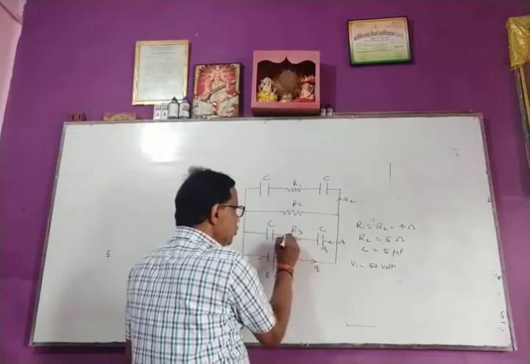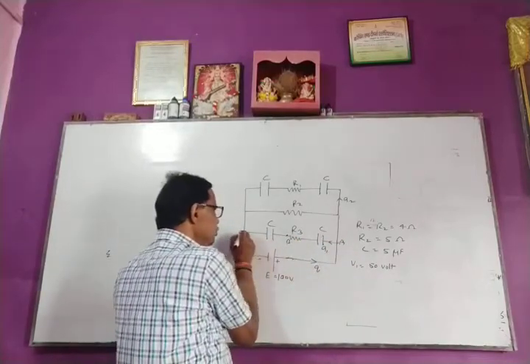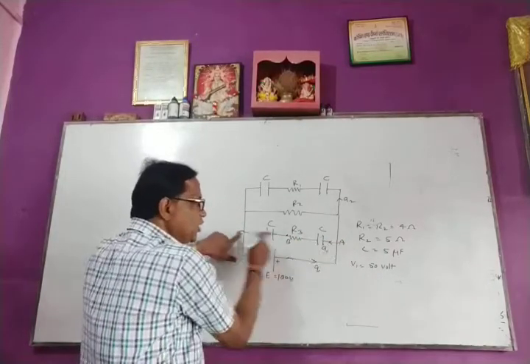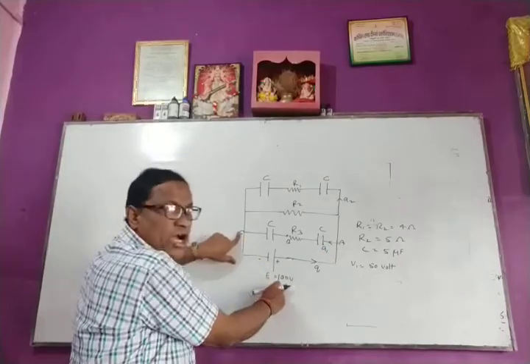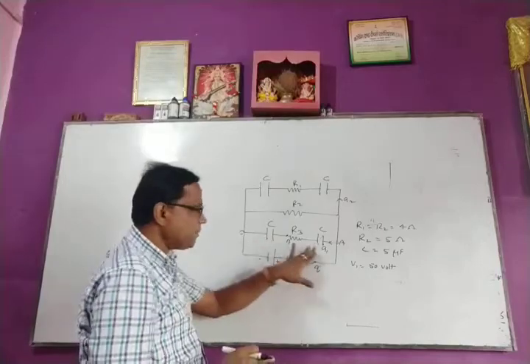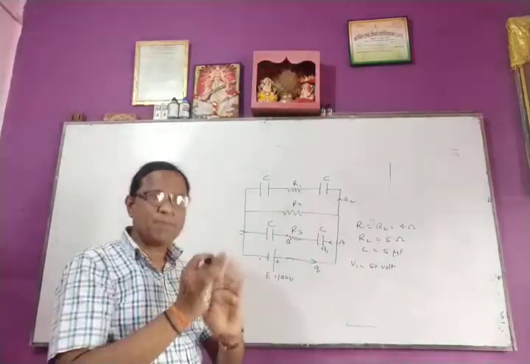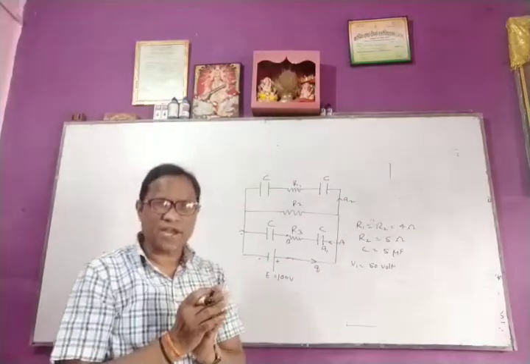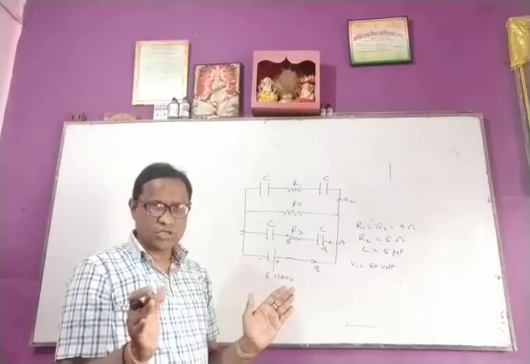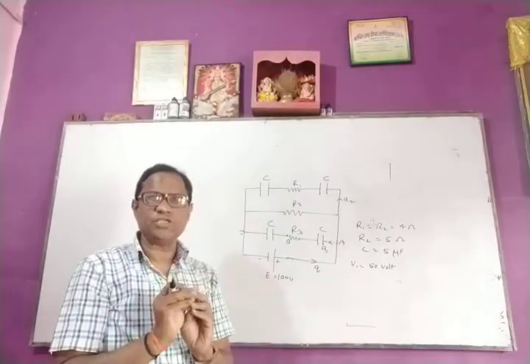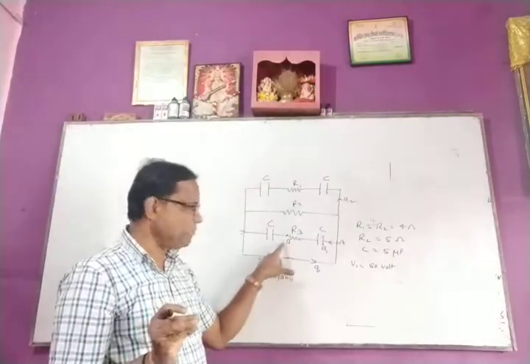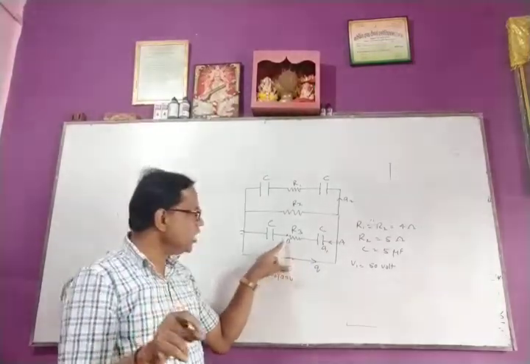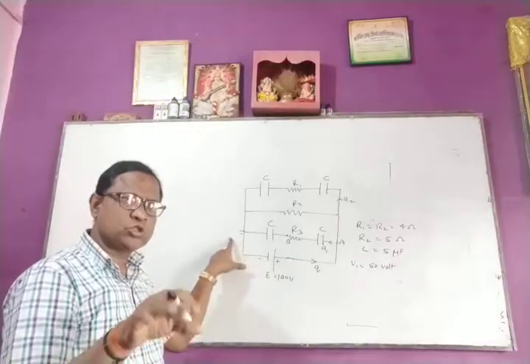Between A to C, potential difference is equal to 100 volt. Both capacitors having same value, so it is divided in two parts. So V by 2 is equal to 100 by 2, that is 50 volt. So between A and B is 50 volt. Between B and C is also 50 volt.